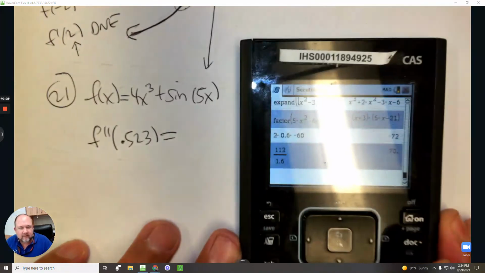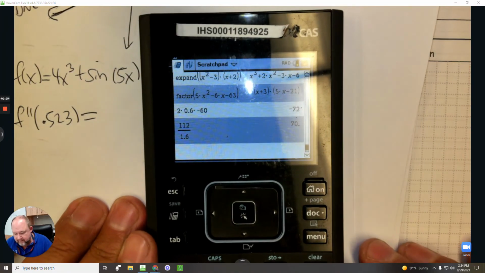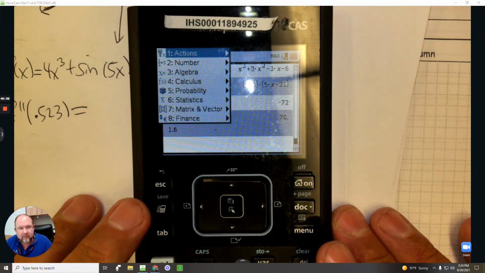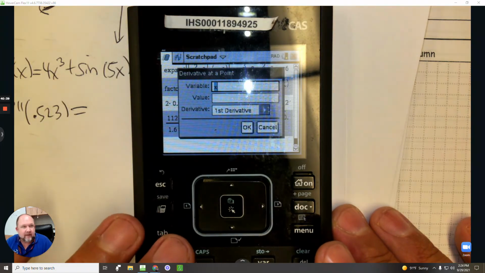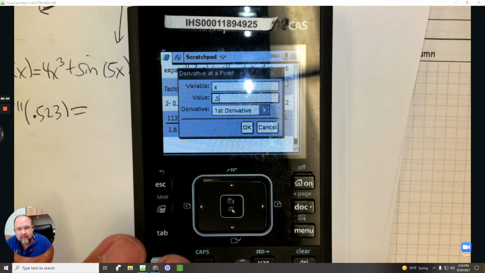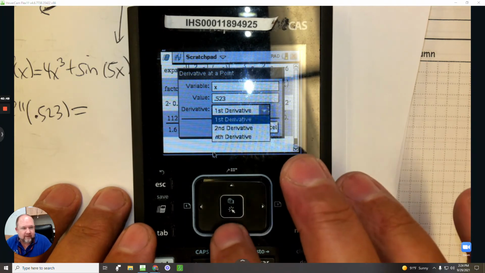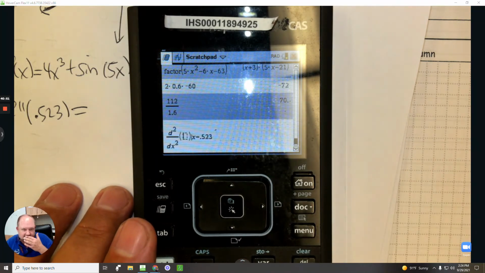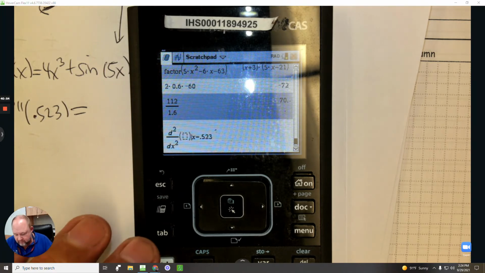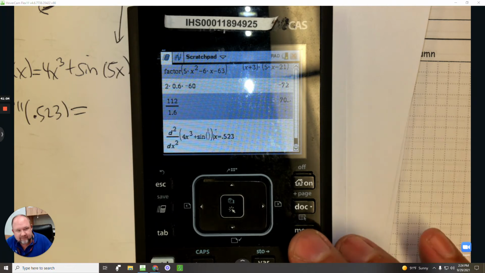So how do I do that? So press menu, calculus, and we want derivative at a point, and the value is 0.523, and this part needs to be the second derivative. So change that to the second derivative, and then press enter, and then you type in 4x cubed plus sine 5x.